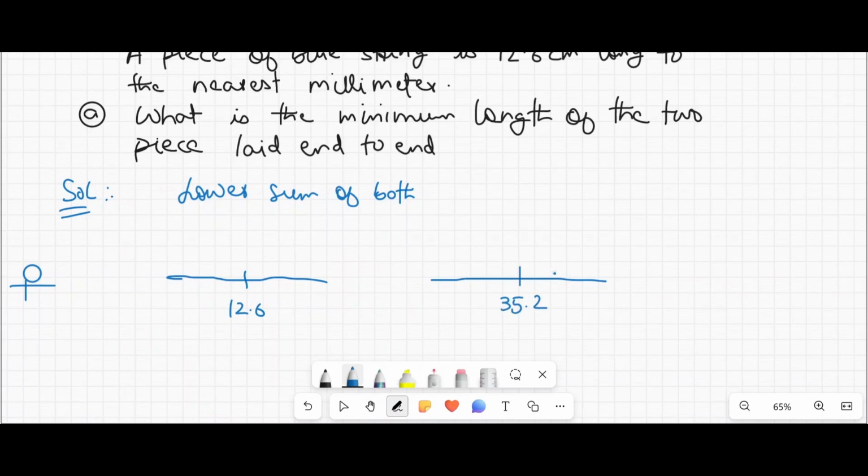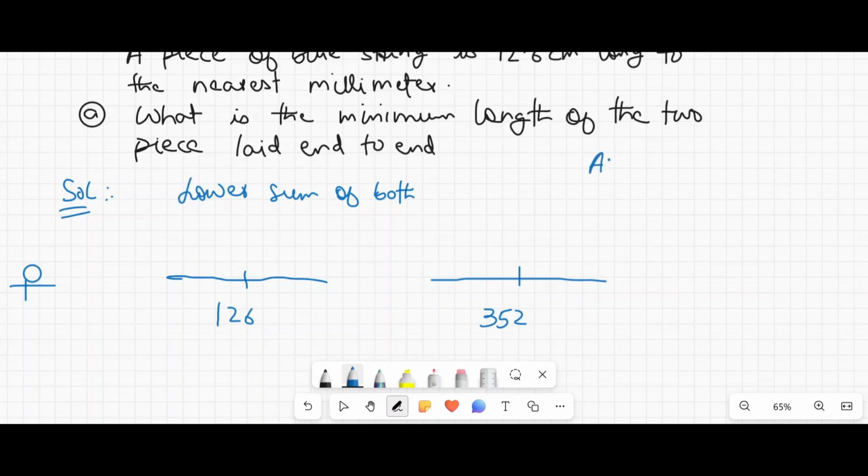So now we have accuracy is the nearest millimeter. So let me first convert this 12.6 to millimeter first. Let's change the unit. 126 millimeter. Now this becomes 352 millimeter. Now this will align with our accuracy term.